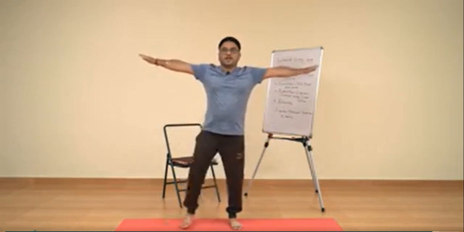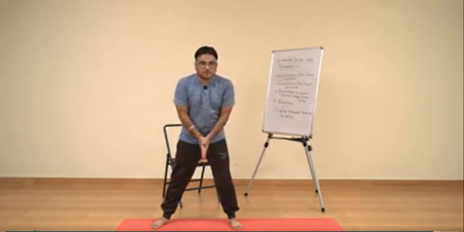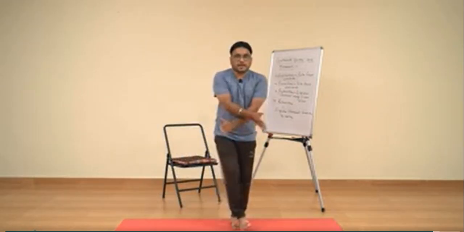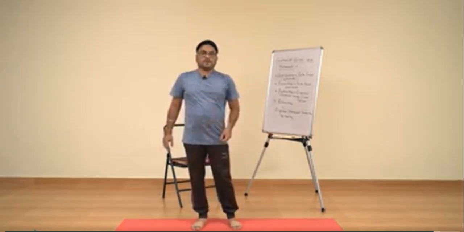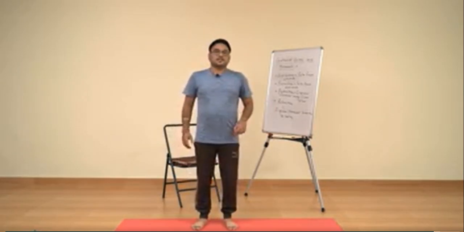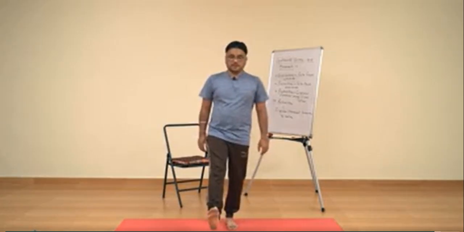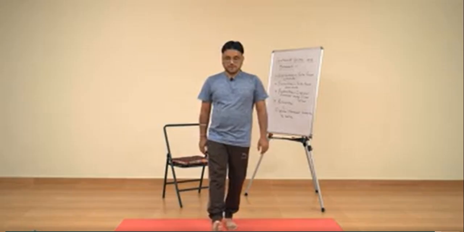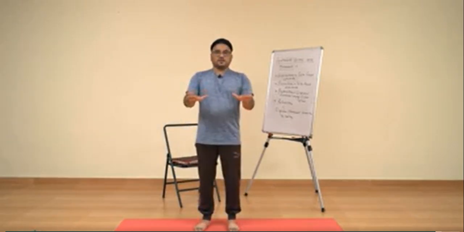Abduction of the shoulder, abduction of the hip, adduction of the shoulder, adduction of the hip. Then flexion of the knee, extension of the knee. Then we discussed plantar flexion, dorsiflexion, inversion, eversion, right? Then supination, pronation.